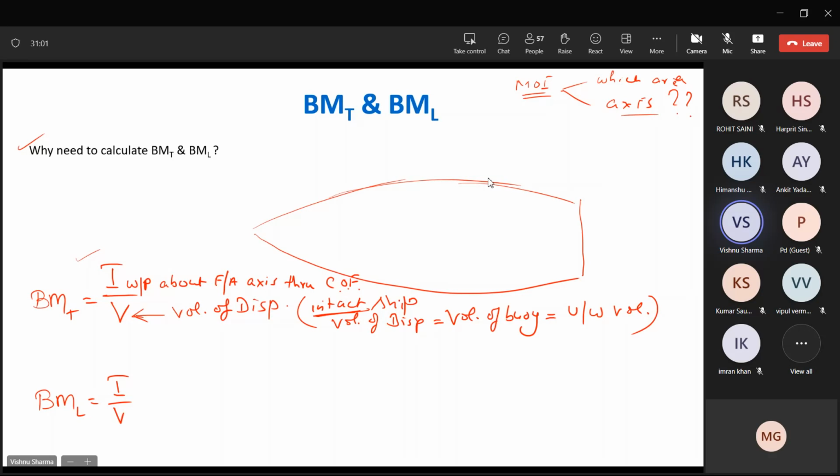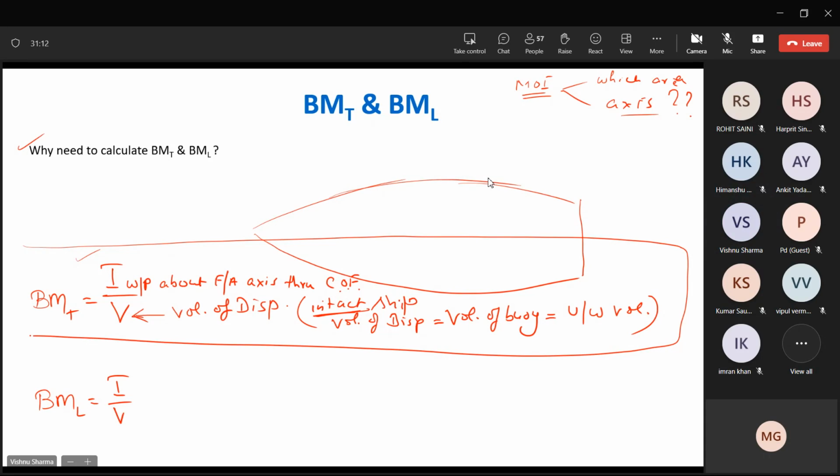V is the volume of displacement, and I have explained what we mean by volume of displacement. Guys, is the formula for BMT clear, or anybody wants to ask any questions on it? Tell me, is the formula clear?